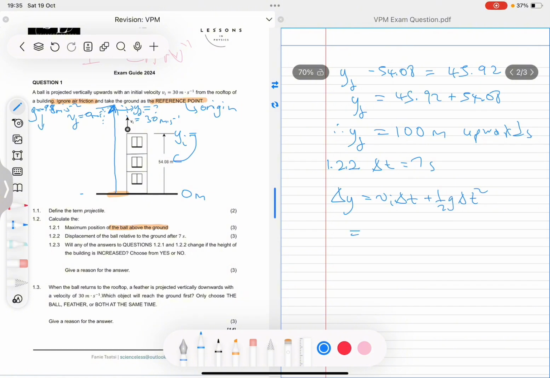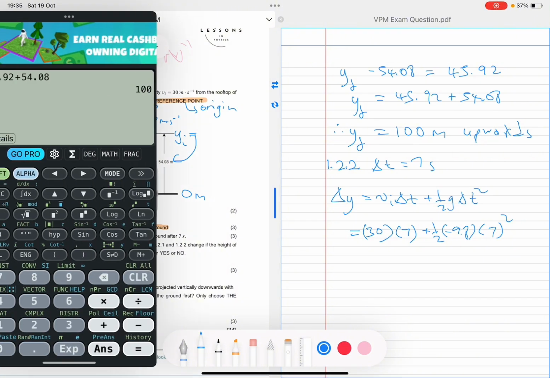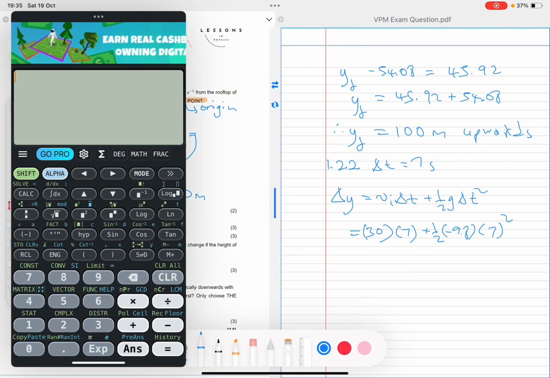So this would mean now that my initial velocity is 30, and here I have 7 plus 1 over 2, negative 9.8 times 7 all squared. Now this is just a matter of putting this into the calculator. 0.5 times negative 9.8 times 7 squared, right?